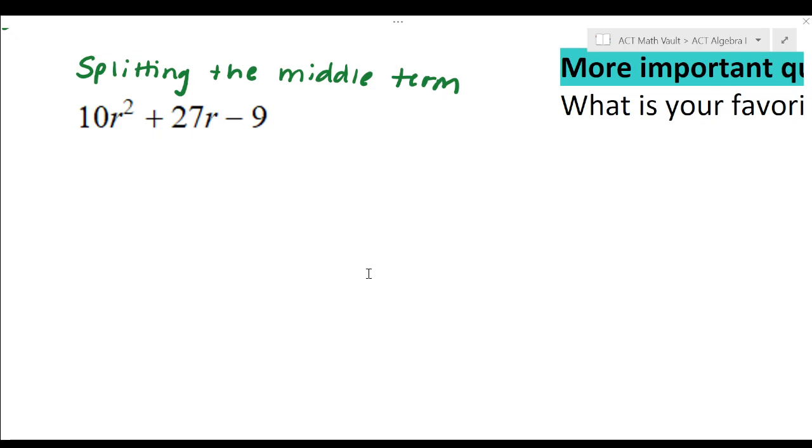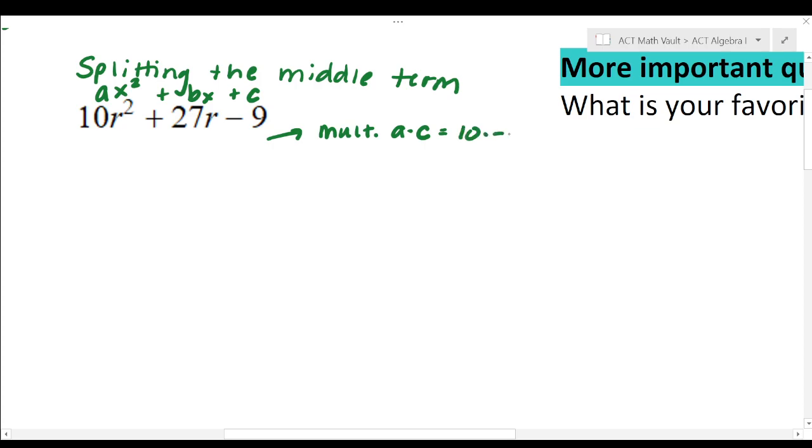So here's how it goes. If you have ax squared plus bx plus c, the first step is you multiply a times c. And so a times c here is 10 times negative 9, which gives you negative 90.